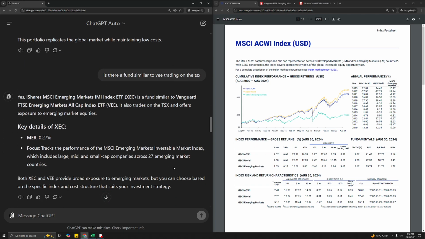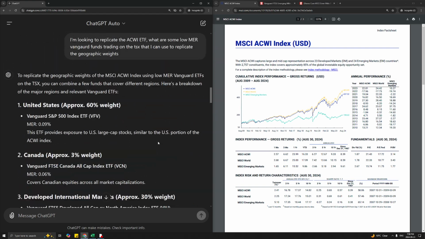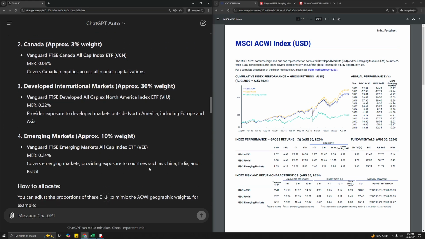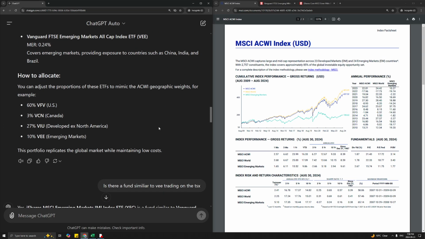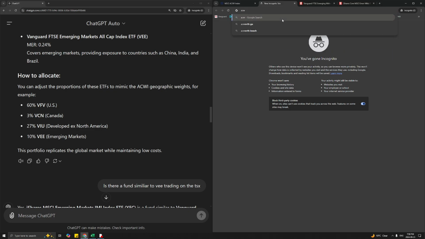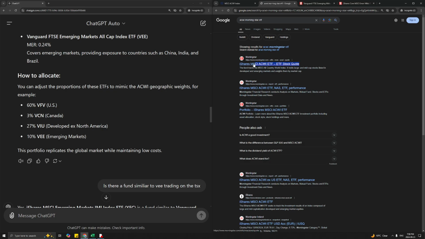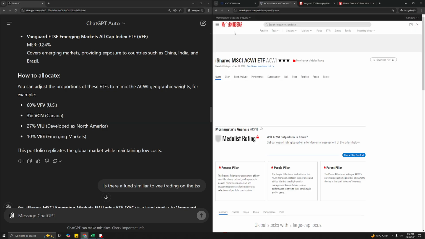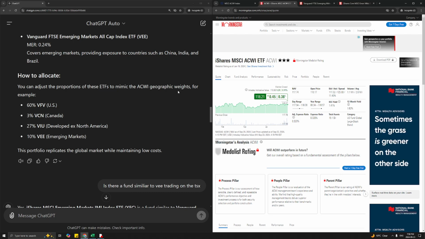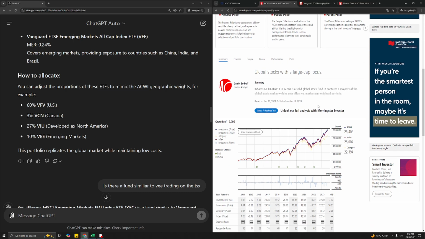But yeah, okay. So let's start with these weights. I mean, they seem pretty accurate, right? Okay, so now we have this specific portfolio. We basically took this ACWI Morningstar ETF and replicated it with this portfolio.